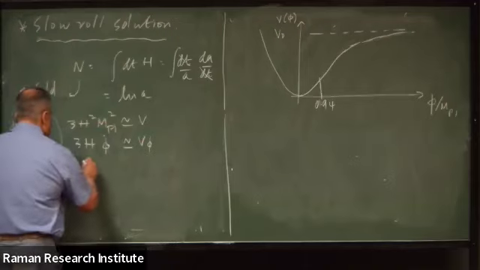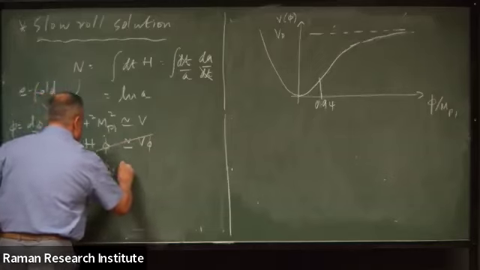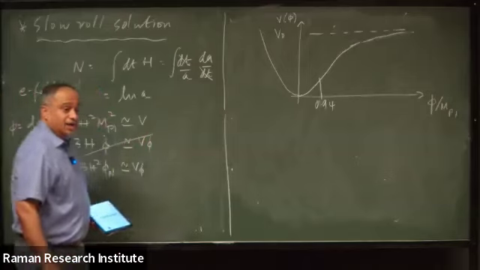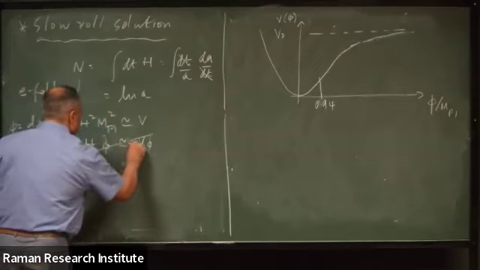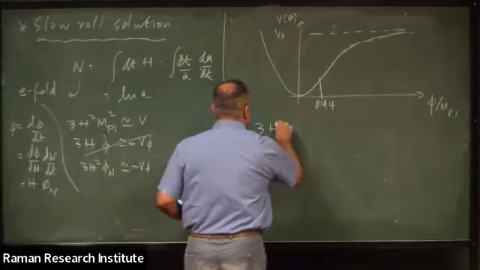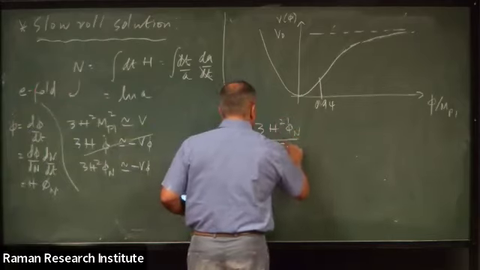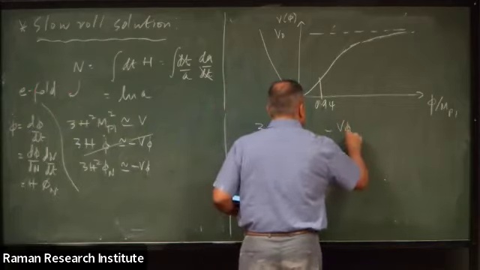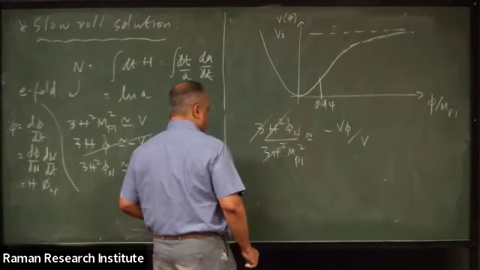So what do you have? This leads to 3H squared phi subscript N is V phi. Okay? Have I made a mistake? Minus V phi. Yes. Okay? So what do I have? I have 3H squared phi N divided by 3H squared MPL squared is what? Minus V phi by V. Okay?